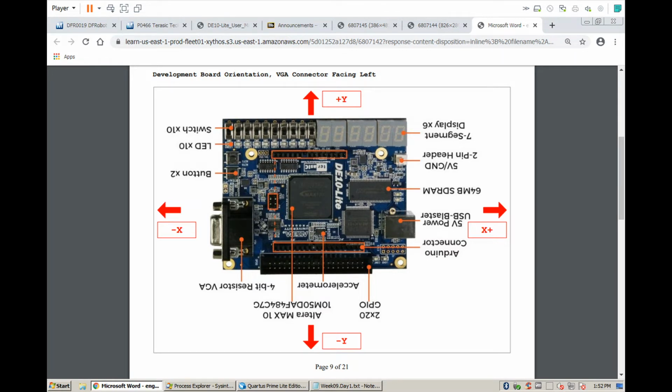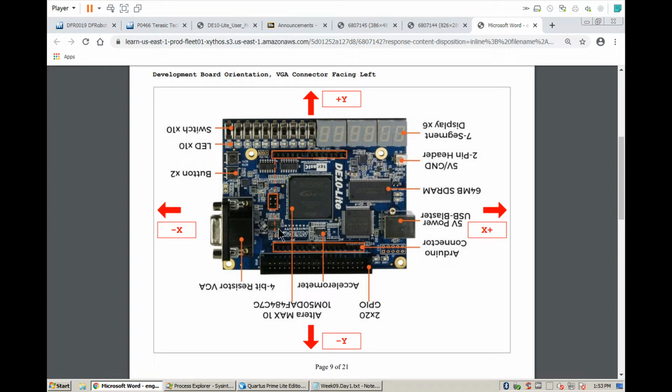You see my screen? All right, so if you look at this orientation, this is exactly the same orientation we use for D6.